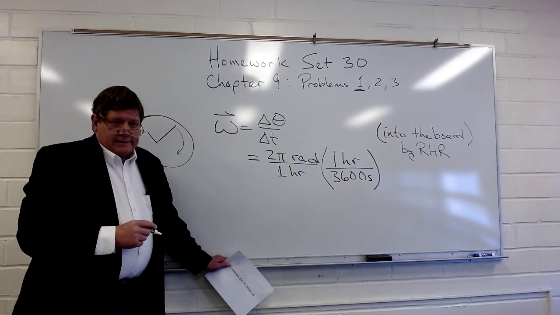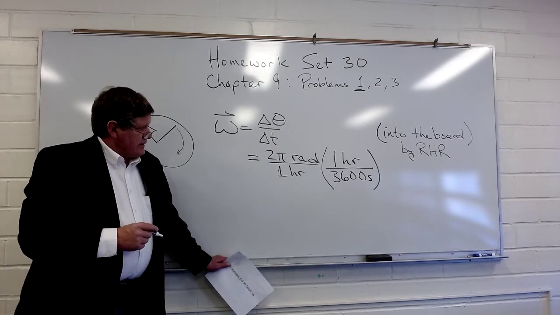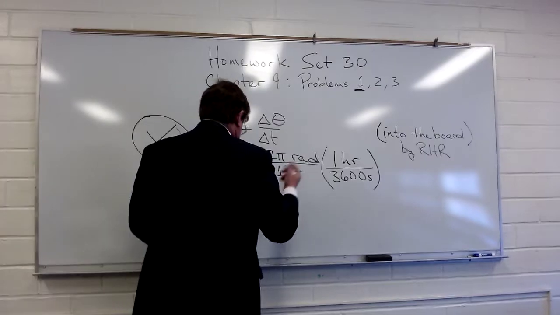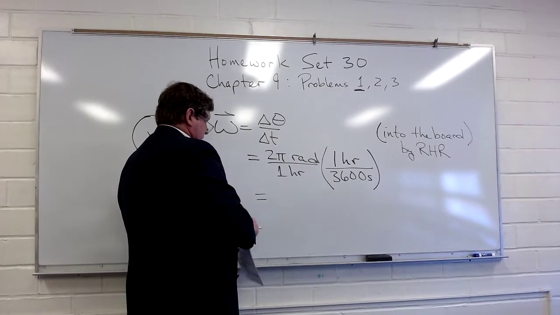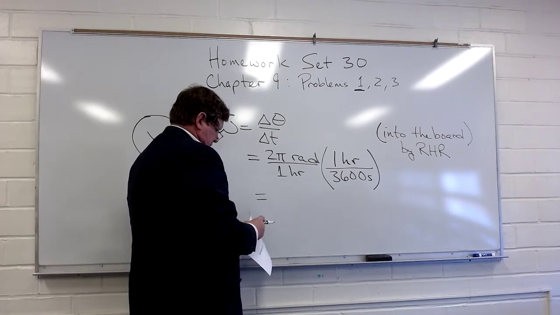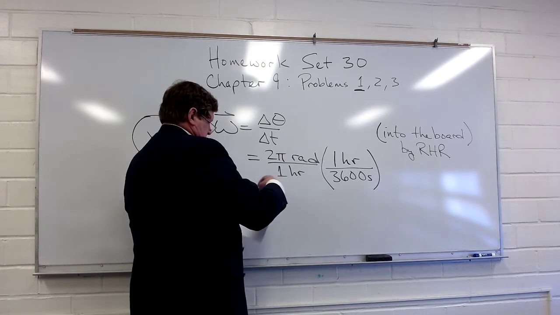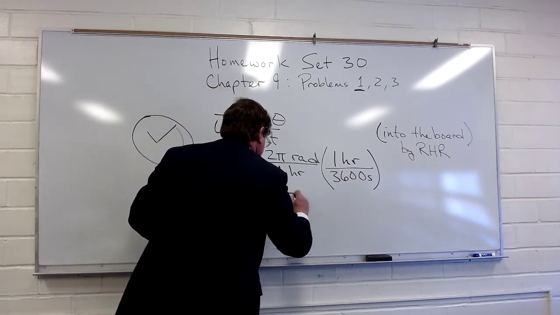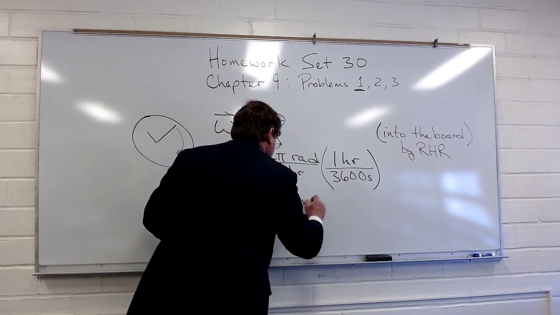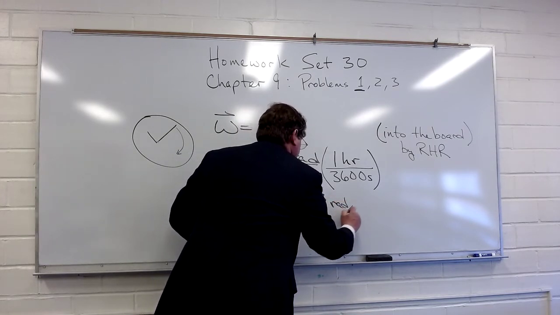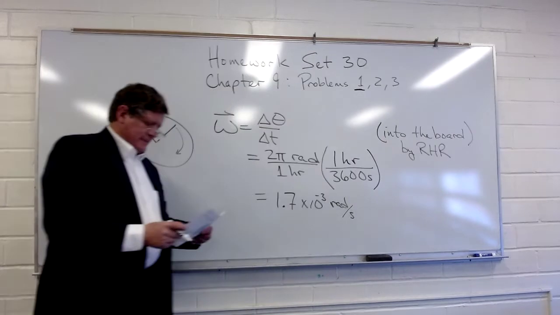Now, I know an hour seems longer than that when you're in a physics class, but that's really all it is, just 3,600 seconds. And so if I multiply this out, I get a number that is fairly small. I don't remember what it is, but 1.7 times 10 to the minus 3 radians per second.